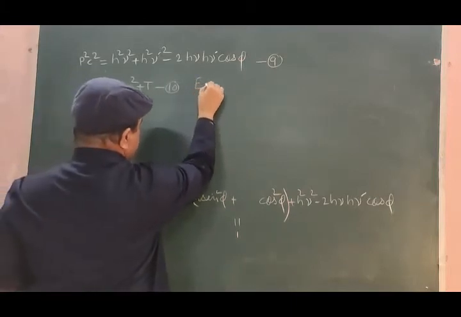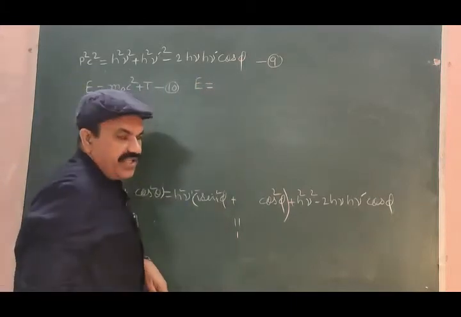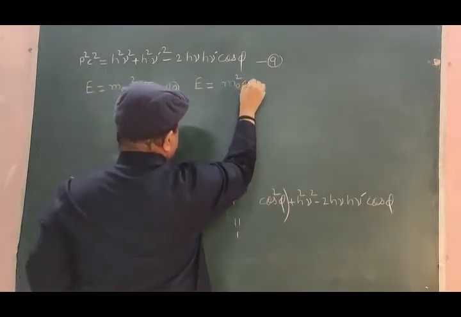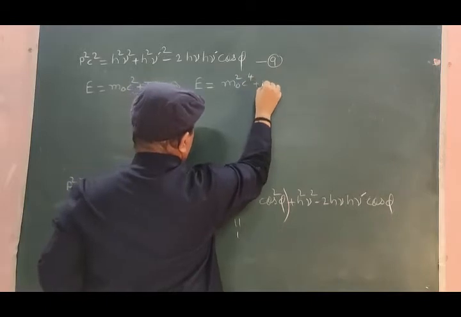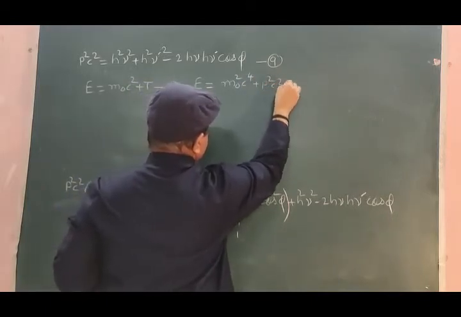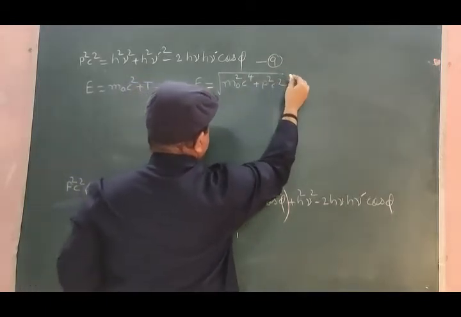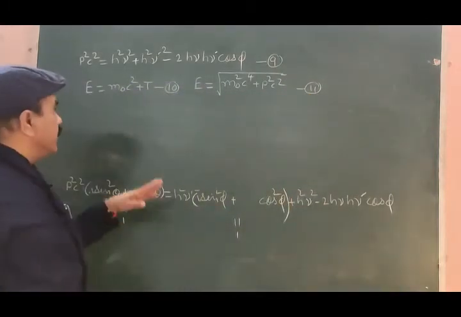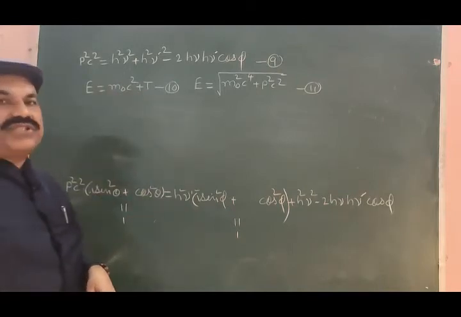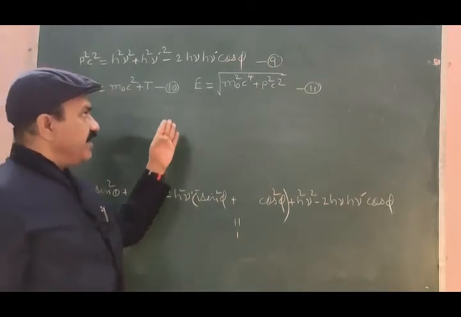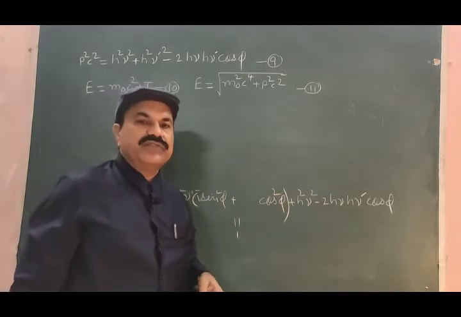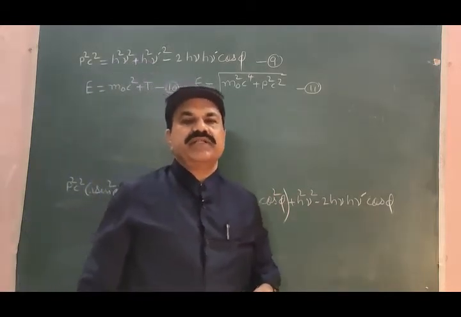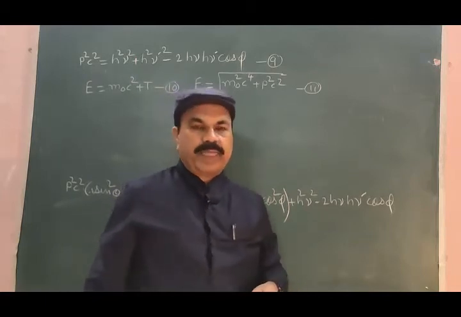Similarly, total energy E is also given by the square root of m0 square c to the power 4 plus p square c square, equation 11.